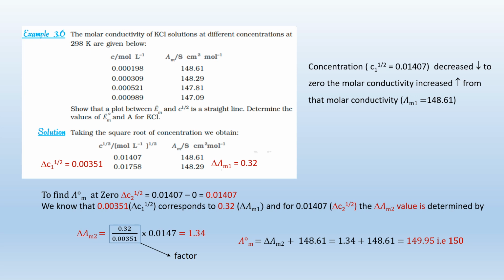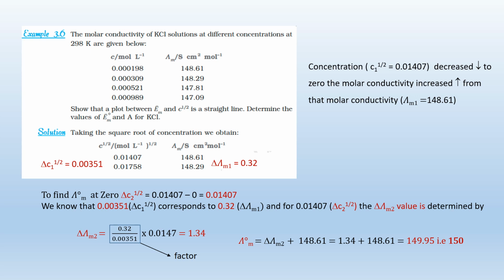In order to find out the difference between the least concentration of molar conductivity, that is 148.61, to 0 concentration, then the C2 value is 0.01407, right? It is a delta lambda m2 value you have to determine for the concentration of 0.0147. That is, you have to determine the y value for the x value.